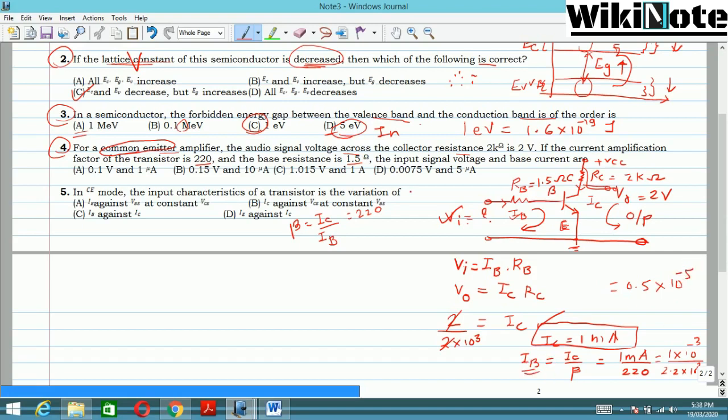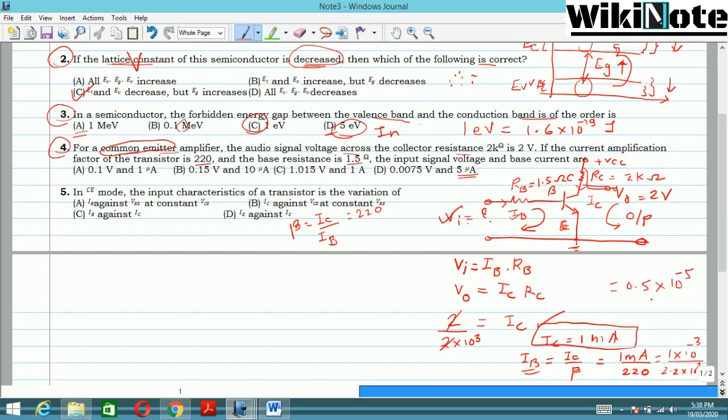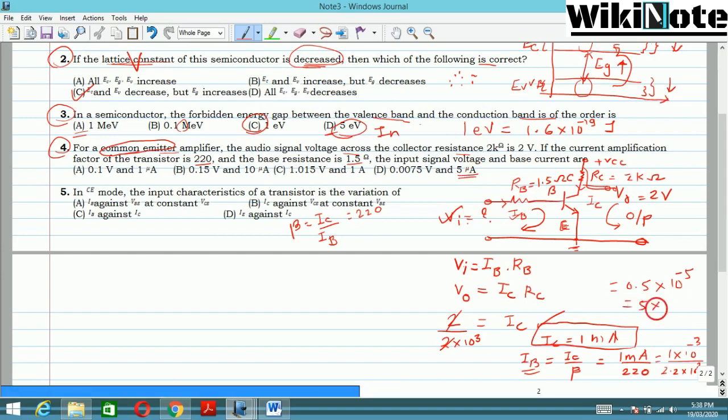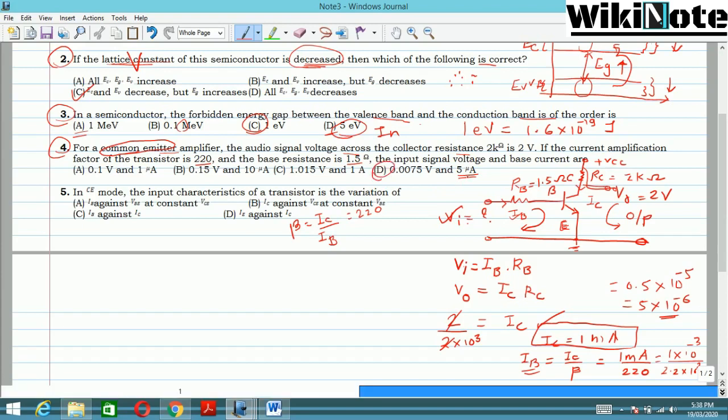Now if you look at the answer options, may I get the 0.5 value anywhere? Yes, here it is. 5 microampere, that can be my solution, 5 into 10 raised to minus 6. Among the 4 options, only in option D will you find 5 microampere. So that will be my base current.